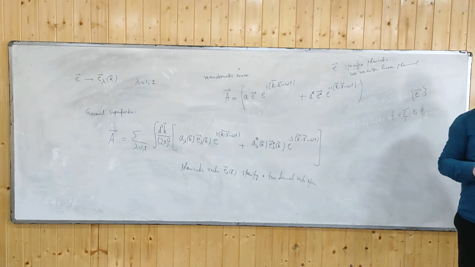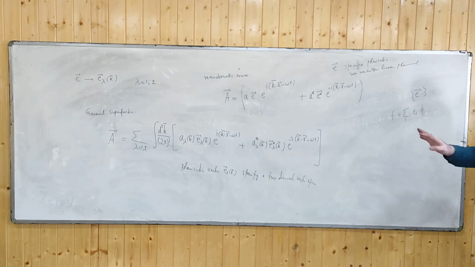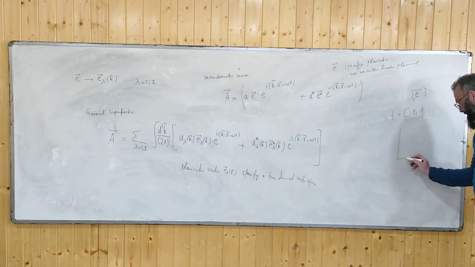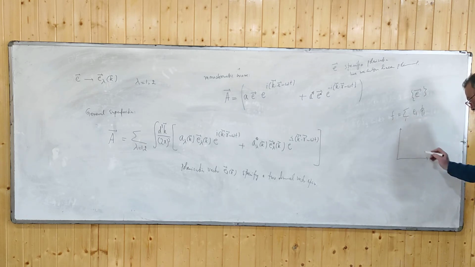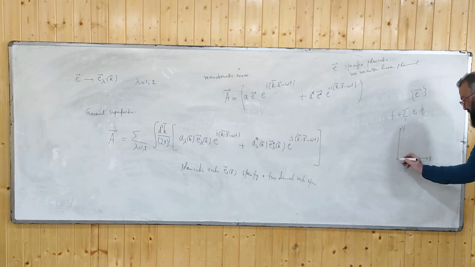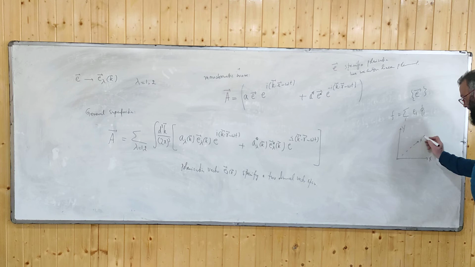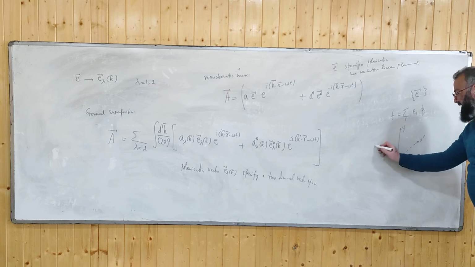Now let's convert. I can make a basis transformation. If I assume this E lambda to be linear polarization vectors, then I can go to the circular polarization. Suppose you have a two-dimensional basis, let's say X and Y. So this is a basis set. You can choose another basis set, let's say X prime and Y prime.